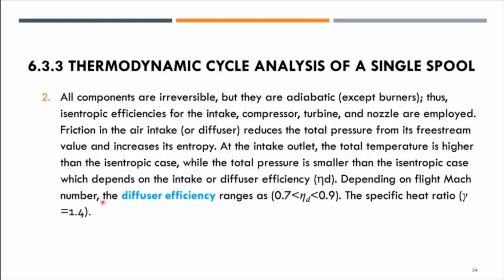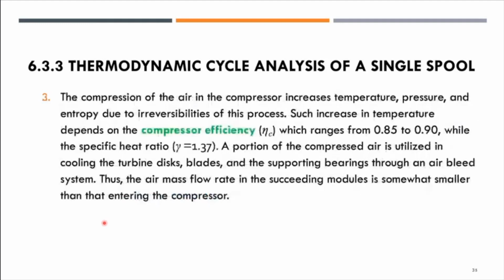So depending on the flight Mach number, the diffuser efficiency can range from 0.7 to 0.9, where we are using specific heat ratio gamma to be 1.4. The next statement is that the compression of the air in the compressor increases the temperature, the pressure, and the entropy due to irreversibilities of this process.